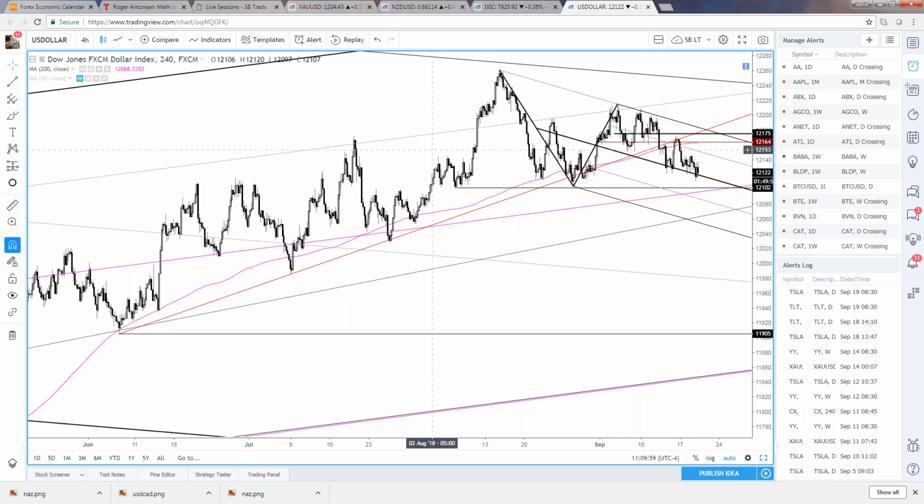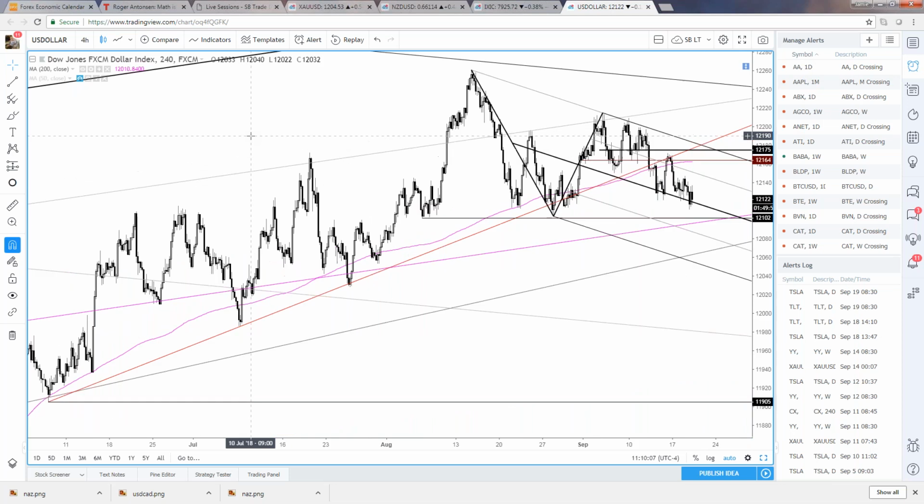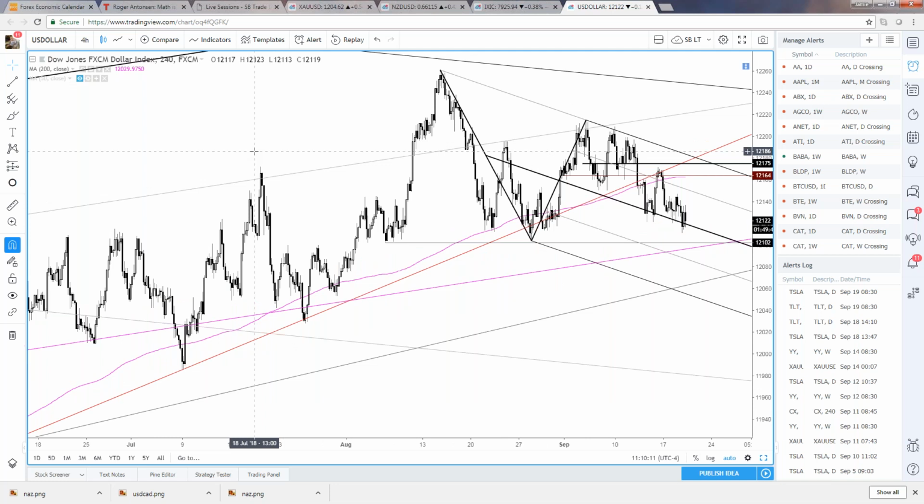Think about it from any sort of support resistance methodology. When you test support multiple times and you break it, you tend to get a bigger move than if you just go through it once, right? We've been testing this now since the 13th of September, which of course was last Thursday. All right.